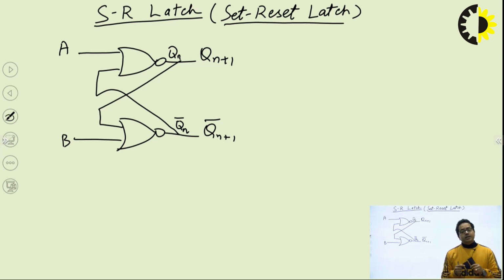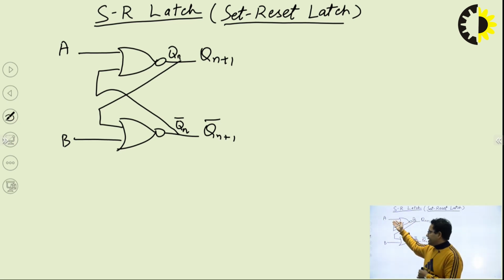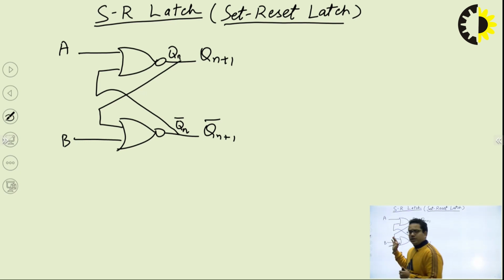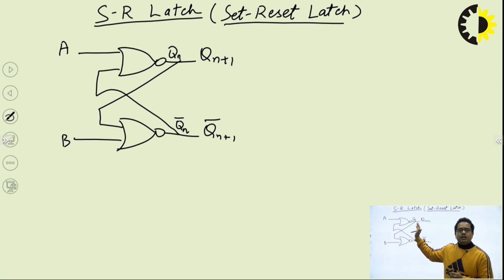That thing we have to visualize by using the truth table. Based upon the truth table, we will conclude whether my terminal A is reset or my terminal A is set. So, let us start with that concept. In this, we are going to design an SR latch and its truth table.